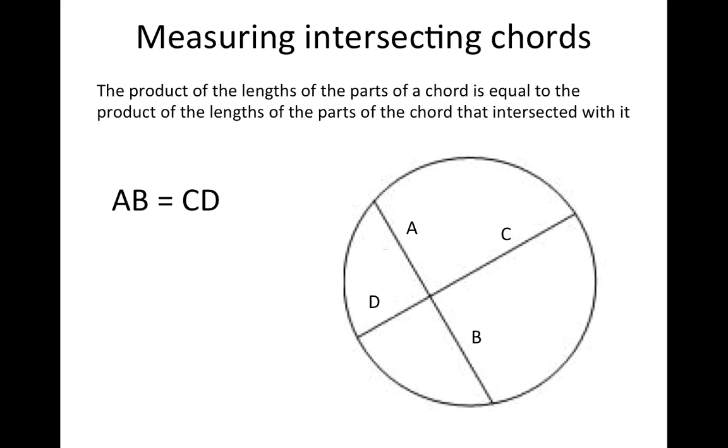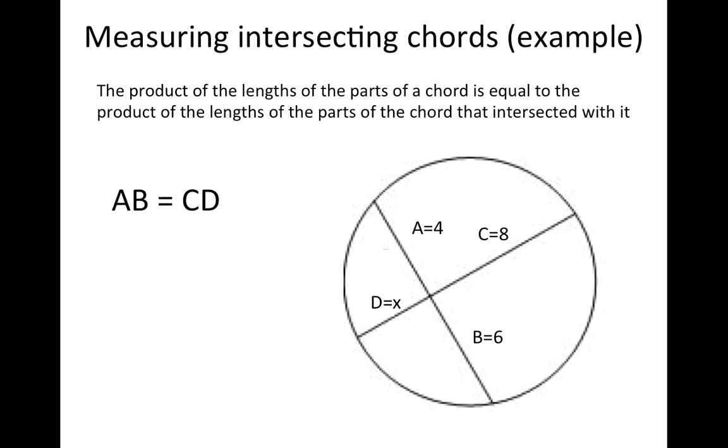Now let's do an actual example of a problem using this. So imagine if we had A equals 4, B equals 6, C equals 8, and we're asked to find what D is. So we'll call D x. My first step is using my equation of AB equals CD.